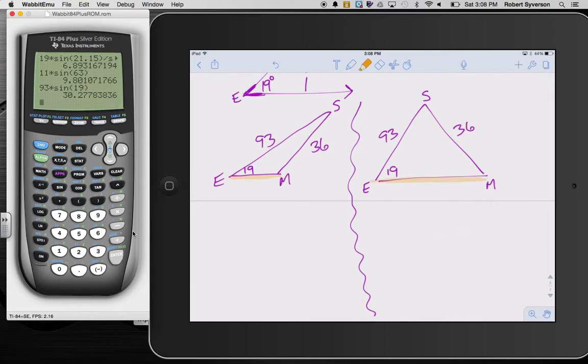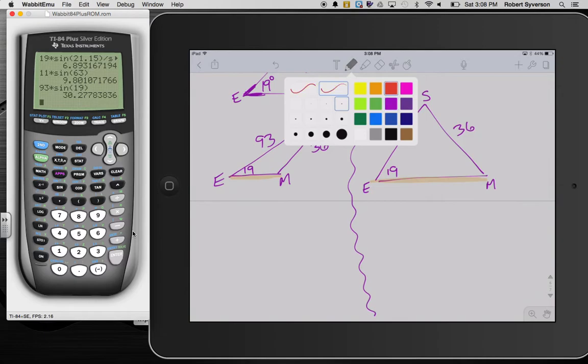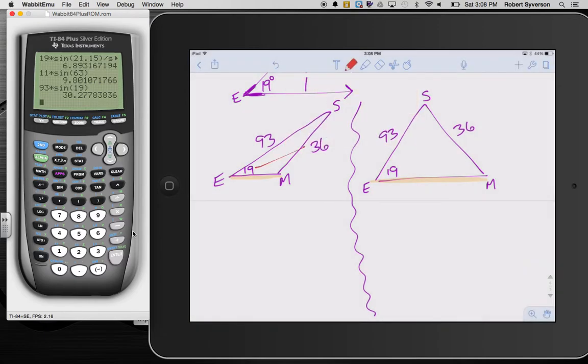All right, well, we've got a few things we've got to do to solve this. First thing I have to do is identify my angle side pair. Angle side pair is this. Okay, I'm going to label this side E to help us go through things. And here's my angle side pair in this one.